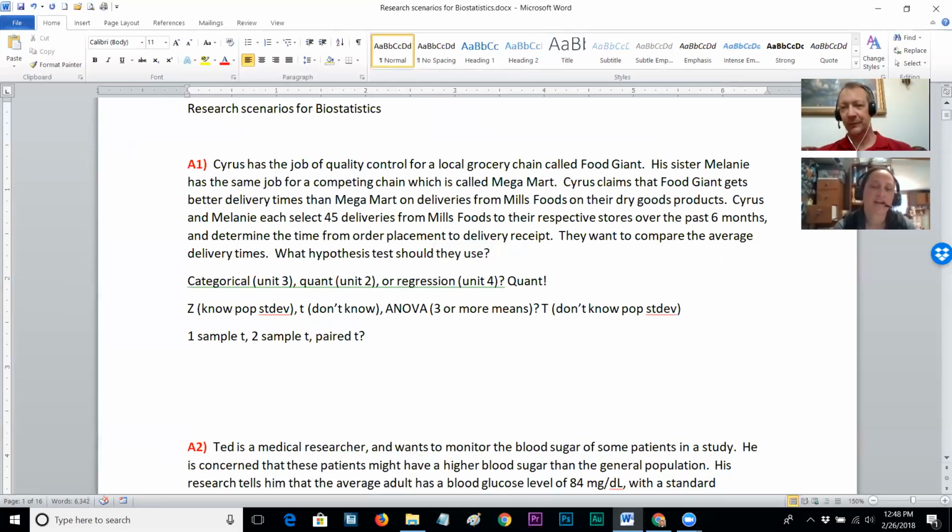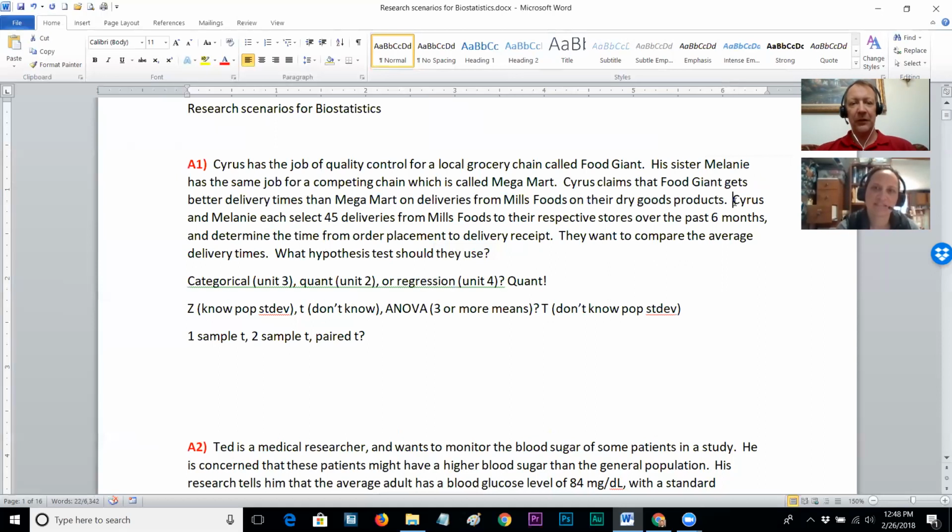Well, I don't know, because I'm comparing 2 places, but I only see 1 sample. I don't want to get it wrong. Okay, so what we're trying to do is this: Cyrus claims Food Giant gets better delivery times than Megamart.